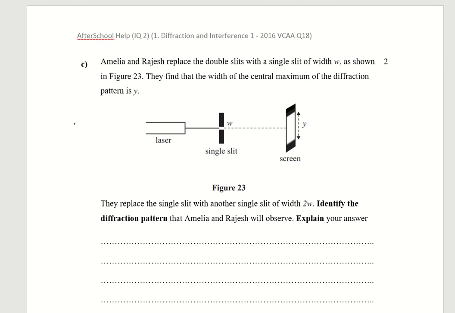Next question, question C. So we have replaced the double slit with a single slit. This has a width of w, so imaginary width here we're dealing with, as shown in figure 23, so that's our diagram down here. They find that the width of the central maximum, so if it's the central maximum, it means n is equal to 0, of the diffraction pattern is y.